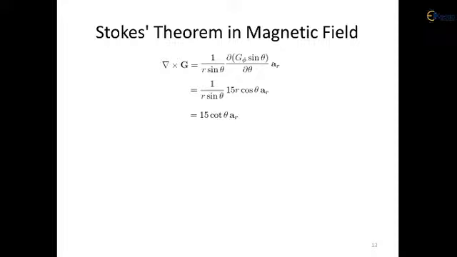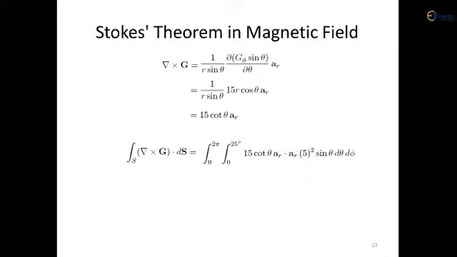So this is the answer for the curl operation here, and then we have to integrate this over the given surface. Now see, the surface is defined by r equal to 5, theta equal to 25 degrees, phi ranging from 0 to 2 pi. So here we represent the surface integral for the curl that we have just determined over the differential surface. The differential surface is to be defined by two dimensions.